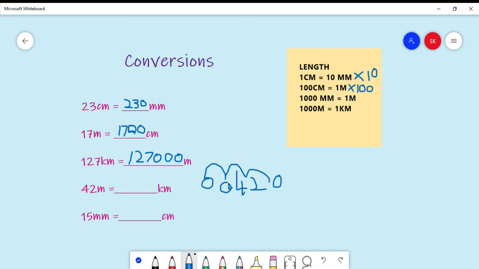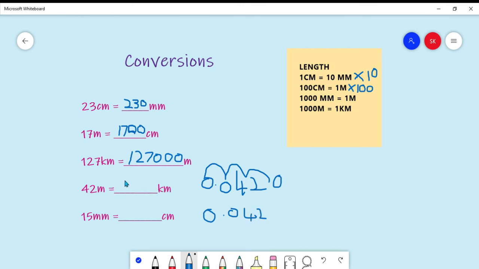So 0, 0, 42. All we have to do is just put a 0 point here on the next one, since we can't have it behind. So what we've done is we've got now 0.042 as our answer.